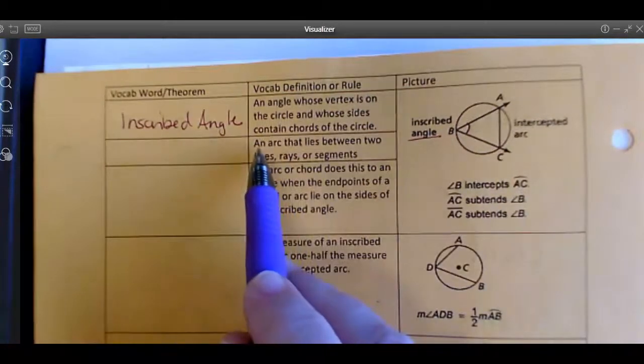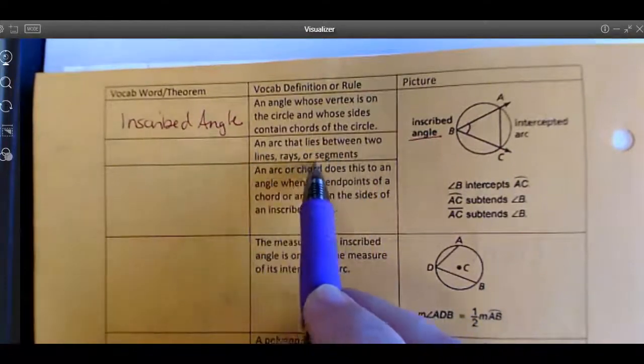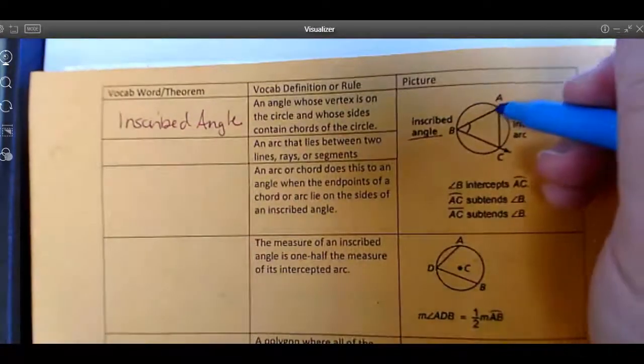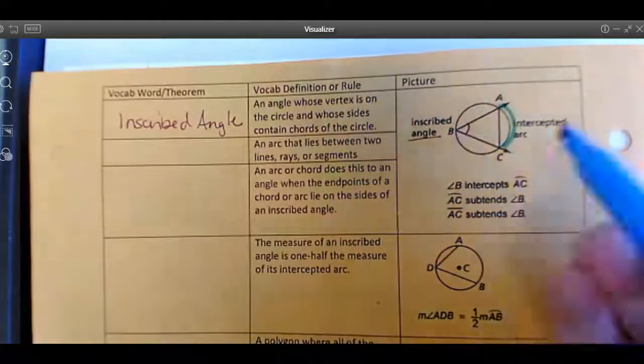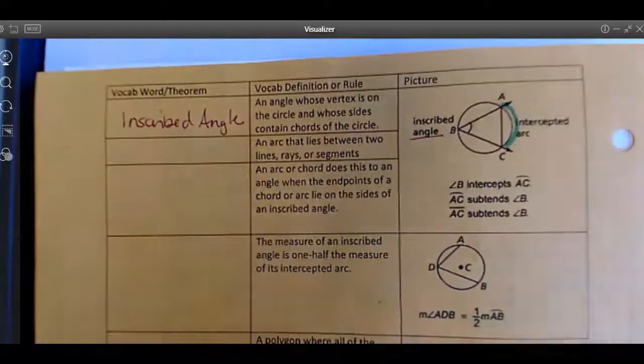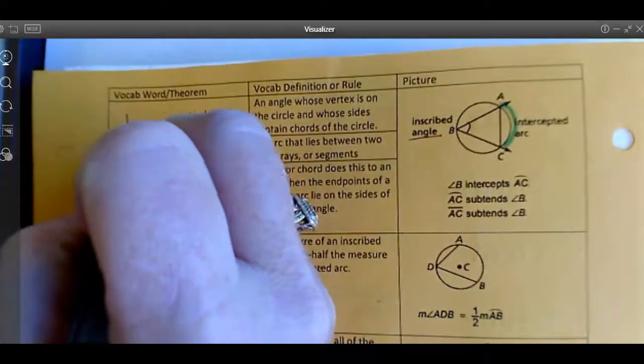The next one says an arc that lies between the two lines, rays, or segments. So on this one, it's talking about the arc that's coming from the angle. Okay? That is called the intersected arc.